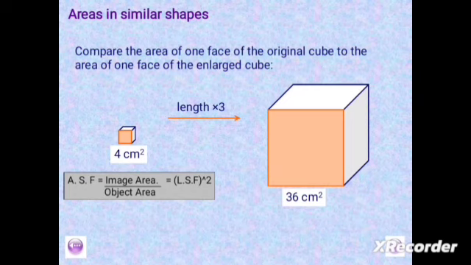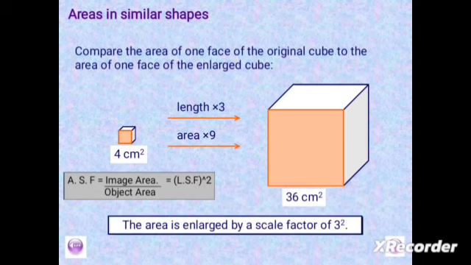This means the bigger cube is enlarged 9 times bigger than the smaller cube. So the area scale factor in this case is 9. As well, you can say area scale factor is equal to linear scale factor squared, whereby the linear scale factor is 3, and if you square 3, then you'll get 9.